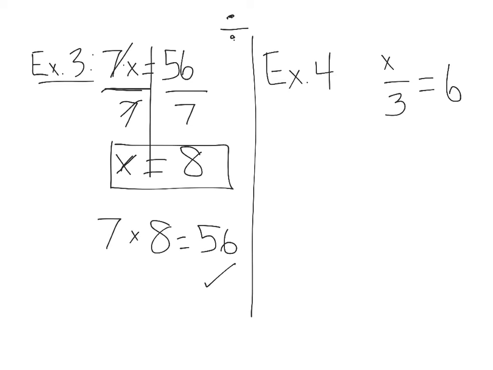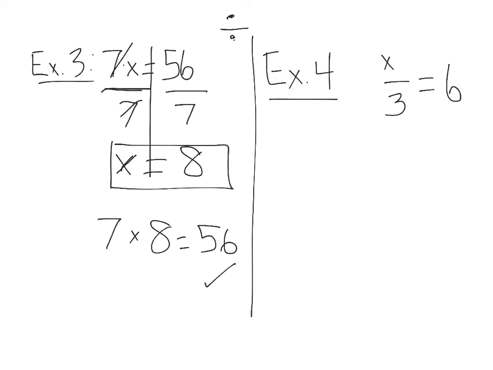Our fourth example, example 4 over here on the right-hand side, is going to deal with division. So again, I kind of brought it up in example 3, but that fraction bar there means divide. So it's another way of writing that division symbol. So we can read that problem as some number divided by 3 equals 6.